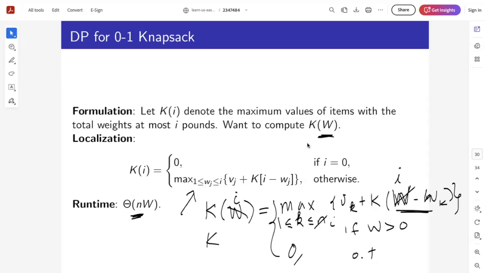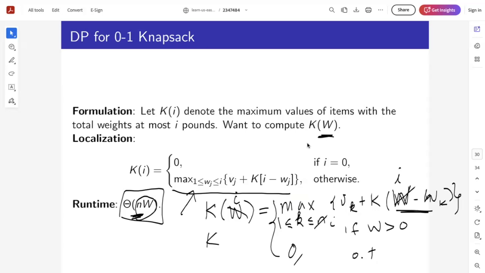So that means altogether you may have to look at n times W many variations at most to figure out a solution to this recurrence relation. Hence, that is the time complexity for 0-1 knapsack.